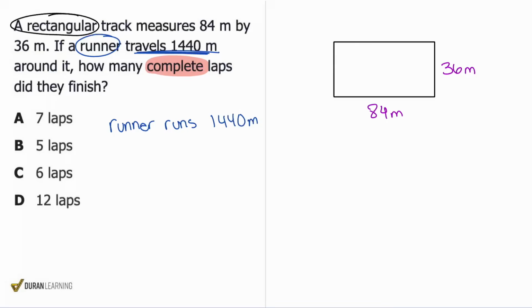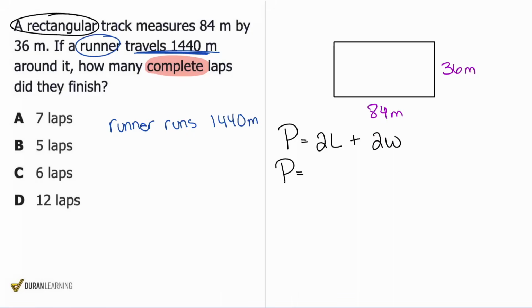Let's see if you can write down on your paper. Can you write down the formula faster than I do? The formula for the perimeter of a rectangle is we'll double the length, we'll double the width, and we add it all together. Again, doubling the length, doubling the width, and we add it all together. So let's just plug it in.